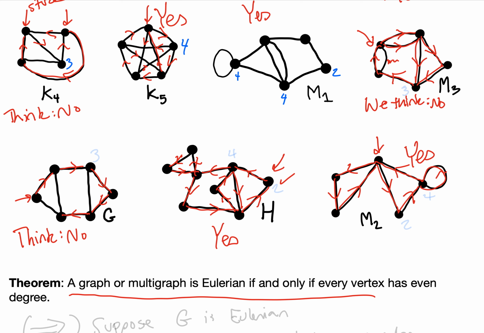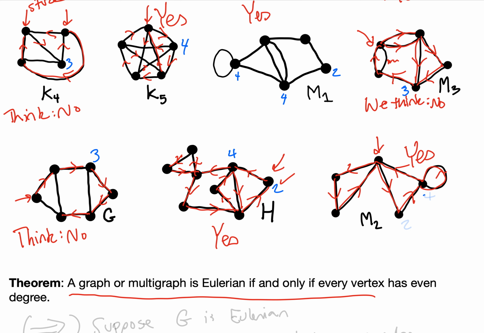M3, let's see, well, there's a vertex of degree 3, so not every vertex has even degree. Here's a vertex of degree 3, not every vertex has even degree. Here, all the vertices in this graph have either degree 4 or degree 2, all even degree. And same deal here.